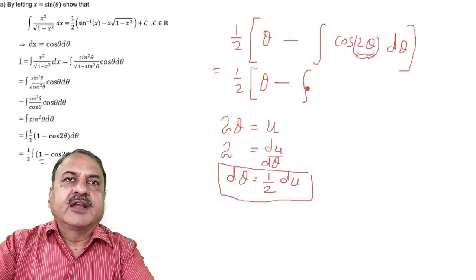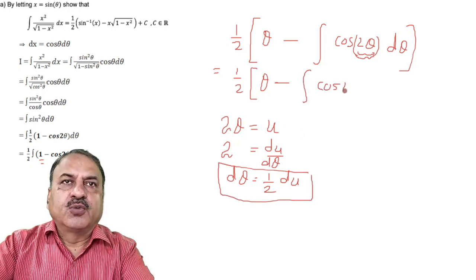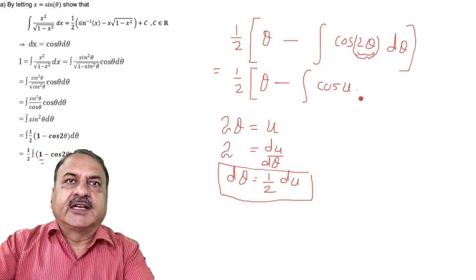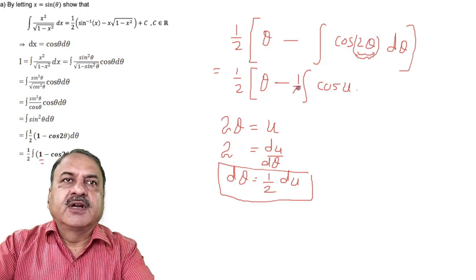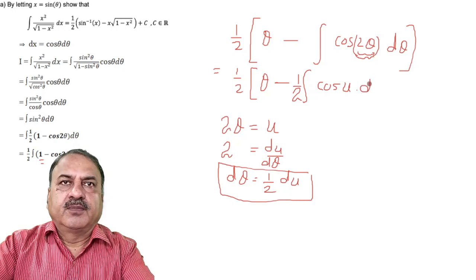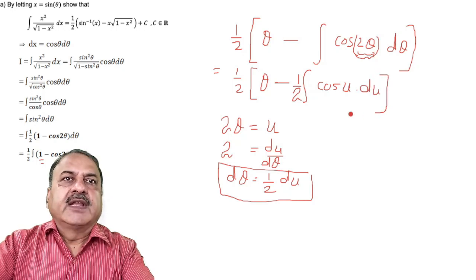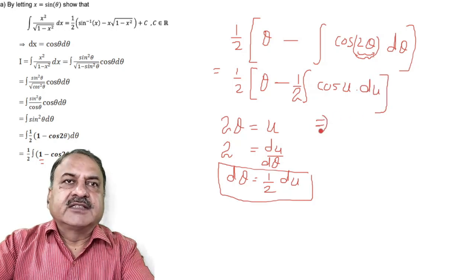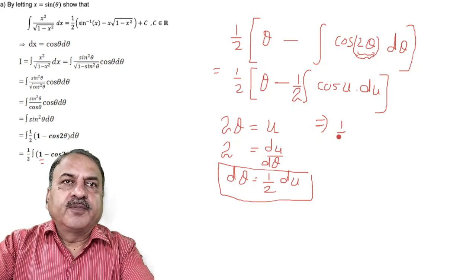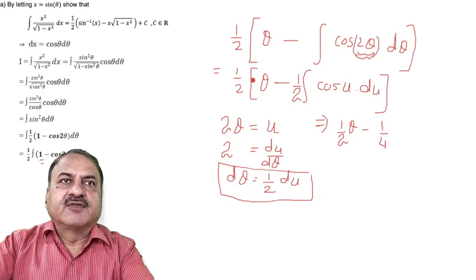We can write cos u into d theta. D theta is half du. We can write it as 1 by 2 theta minus 1 by 2 into 1 by 2, that is 1 by 4.